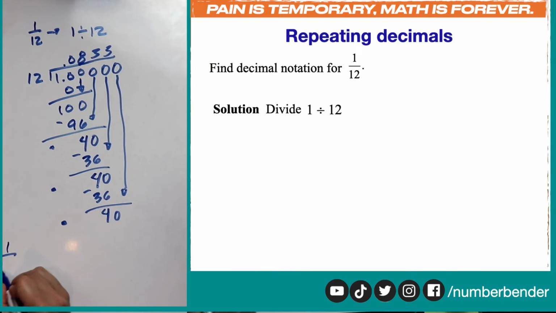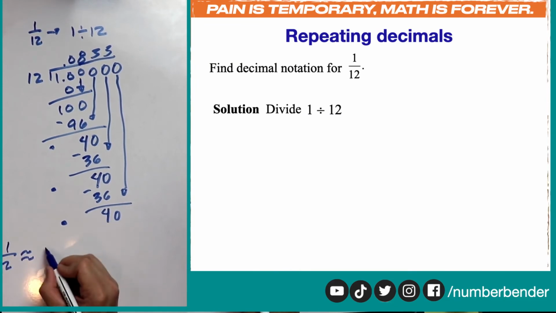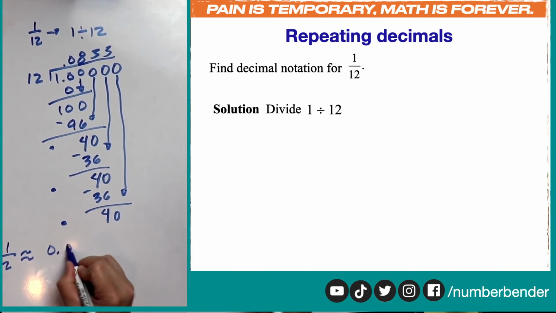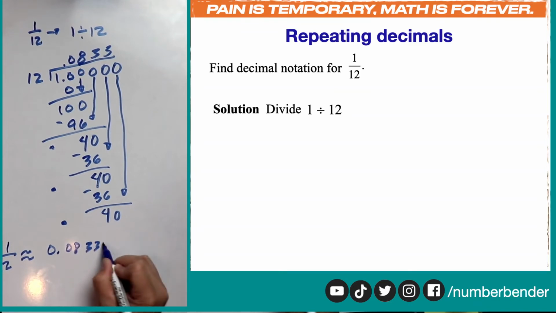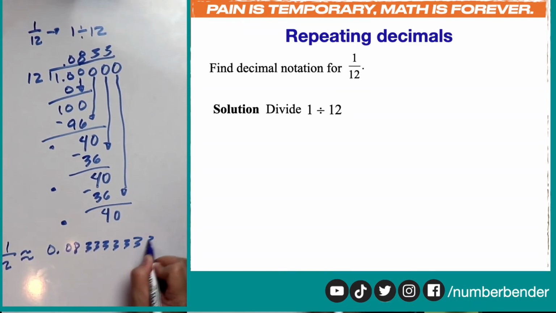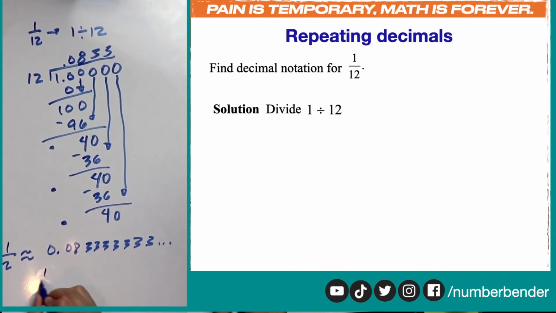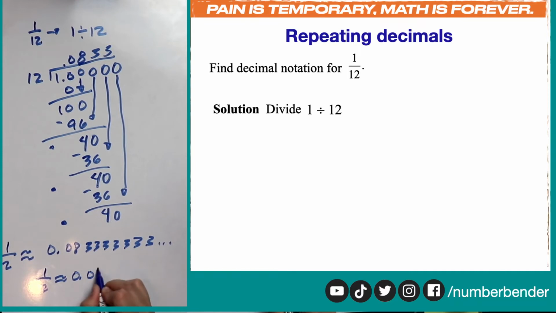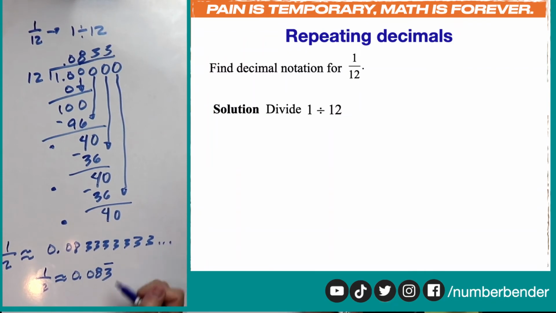And 1 over 12 is approximately equal to 0.0833333 and a long list of 3s. Or we can simply write 1 over 12 as 0.08, stop right here, and put a bar on top of the 3 to denote that this is a non-terminating decimal.